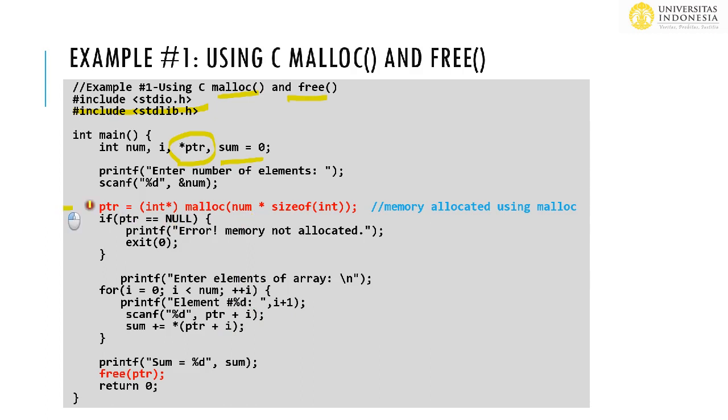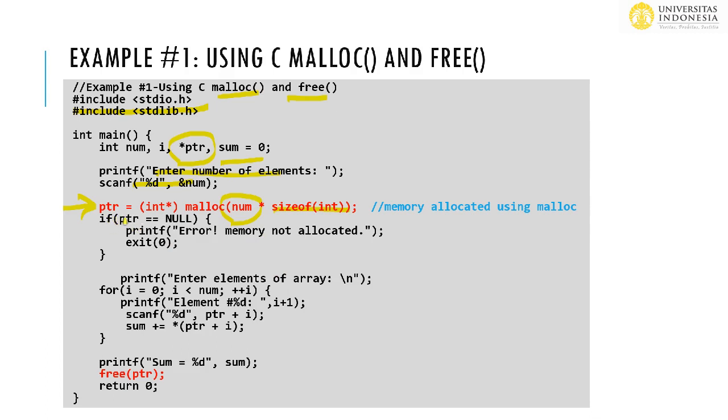The important part is this declaration. PTR has the type of integer pointer, and it should have the size of num. Num here is the number of elements inputted by the user, and sizeof integer depends on the compiler, the length of the integer data, maybe only 1 byte or 2 bytes.